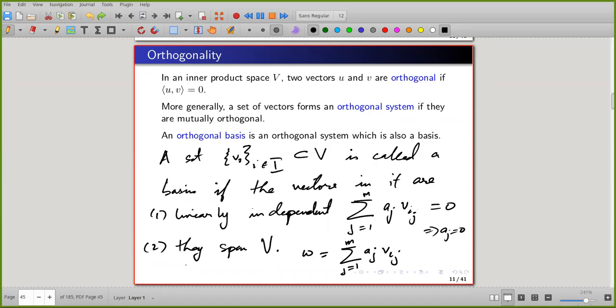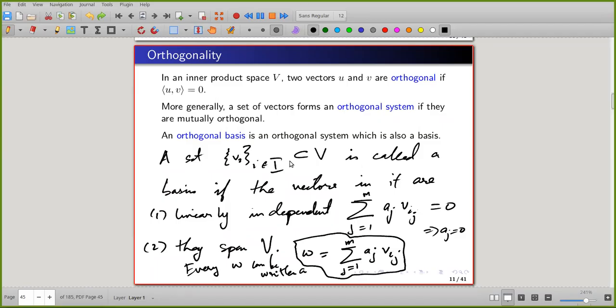Every w can be written like this. Whenever we do linear algebra, every time we write a sum, we take a finite sum. We don't allow any kind of infinite sums the way we saw in series. So that's very important.